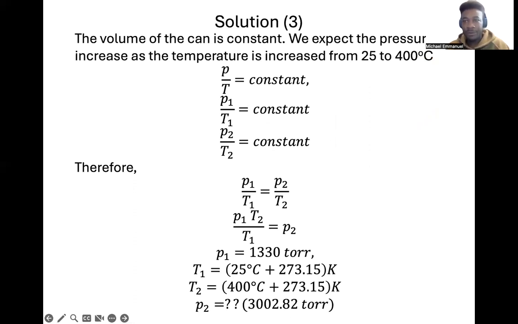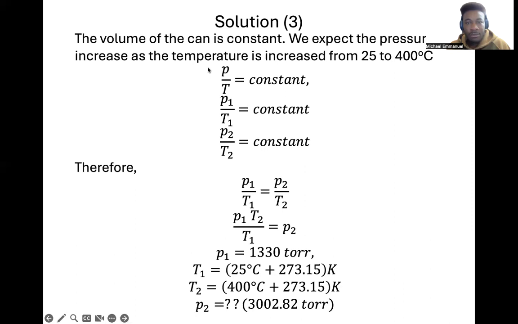First, the volume of the can is constant because there is no change in the can volume. It's fixed. Then we expect the pressure to increase as the temperature is increased from 25 to 400 degrees Celsius. And how does that go?